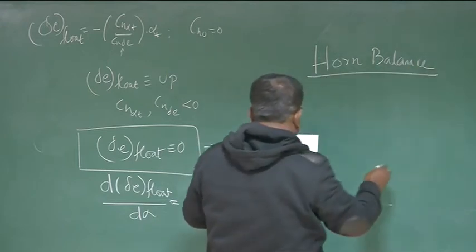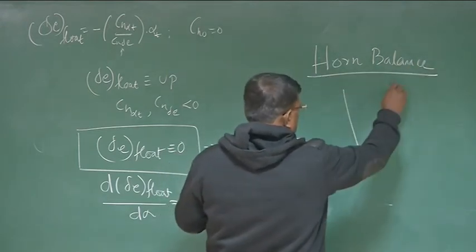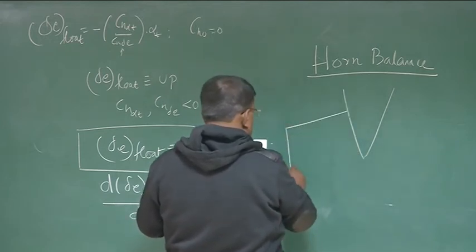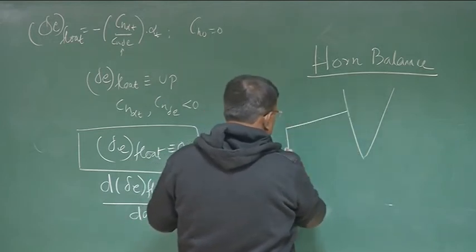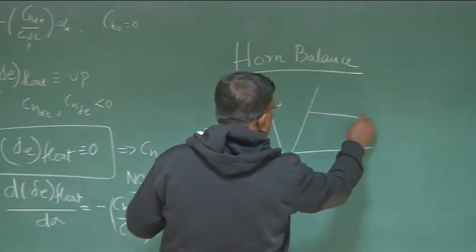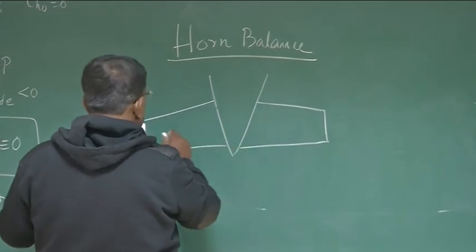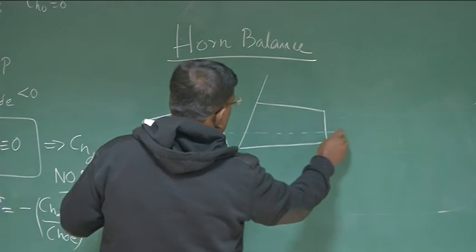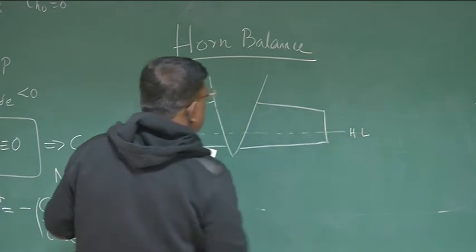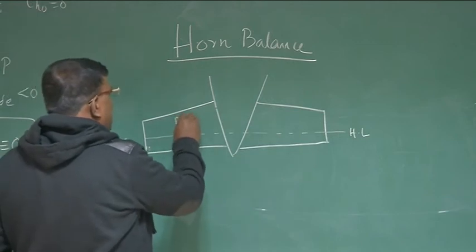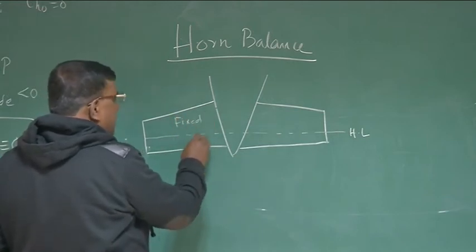It's just a passing remark for you to get a little better feel. Suppose this is the hinge line, and this is the fixed surface, the vertical part of the stabilizer, and this is the elevator surface.